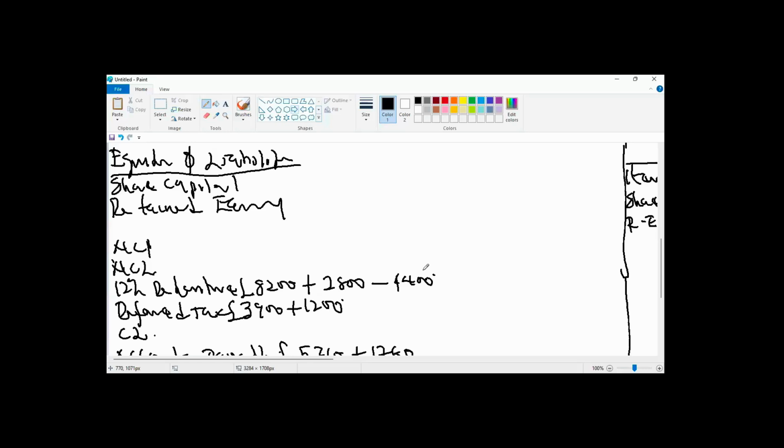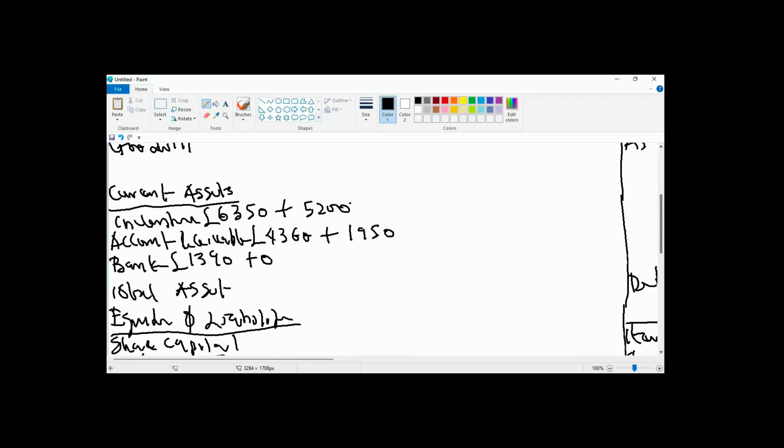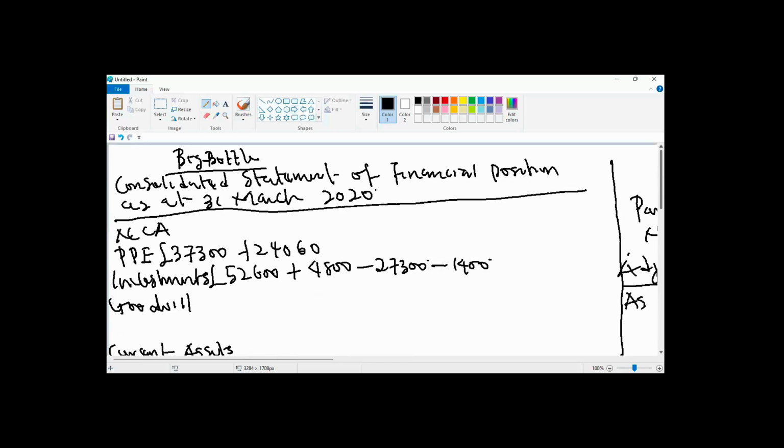For the purchase consideration, we've recorded the 80% acquisition. That debenture they also acquired, is it also a purchase consideration? No, it's not. It's a liability.